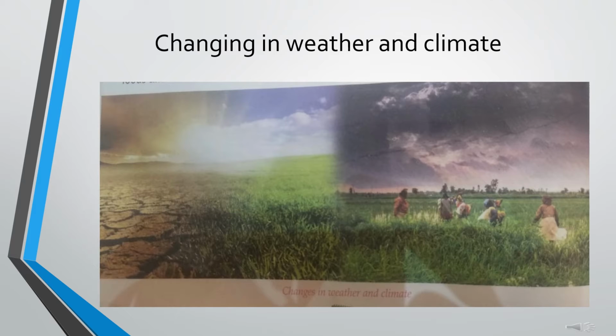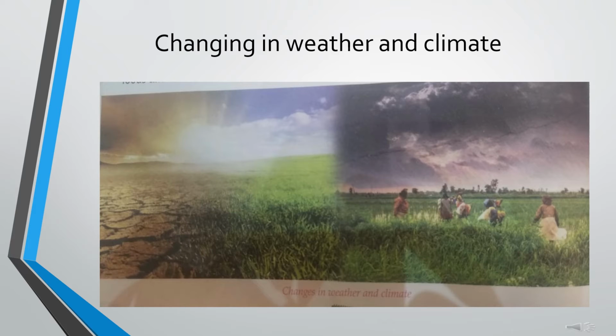After that you can see the pleasant weather, and then you can see the cloudy day with the rain, and that is full of crop. So this way, from dry to wet, from dry to pleasant day, and from pleasant day to rainy day, the change of weather we can see in this whole picture.